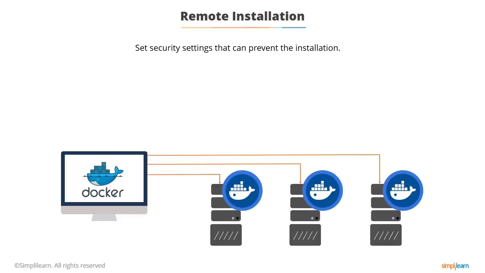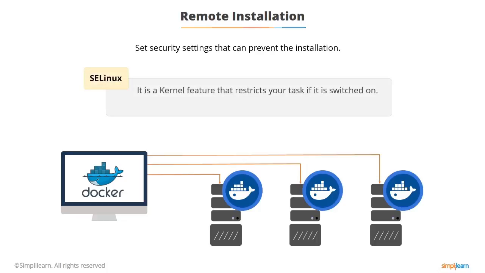Now, there is an interesting thing that was added to Linux under the control of the NSA in America, the security organization, called SE Linux. I don't know whether you've heard of it, but it's basically a kernel feature which, if it's switched on, really restricts what you can do.